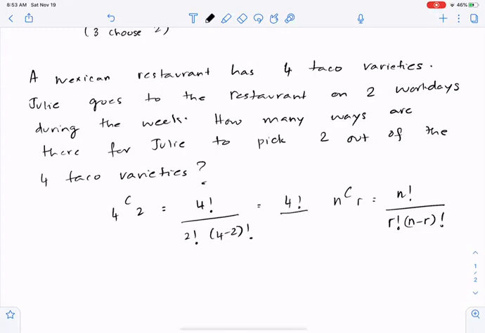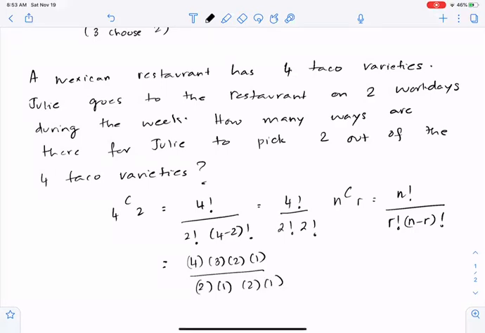4 factorial divided by 2 factorial, 2 factorial. But if I wrote it 4 times 3 times 2 times 1, over 2 times 1, 2 times 1, those two will go away. 2 times 2 is 4.